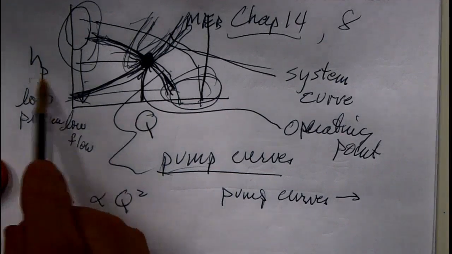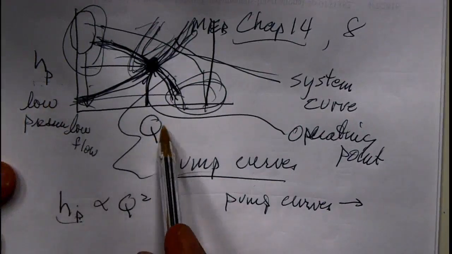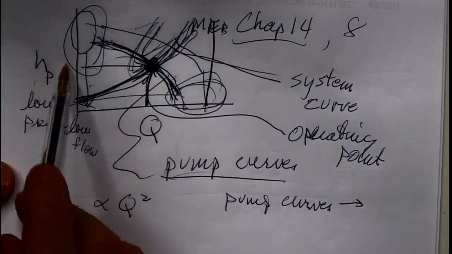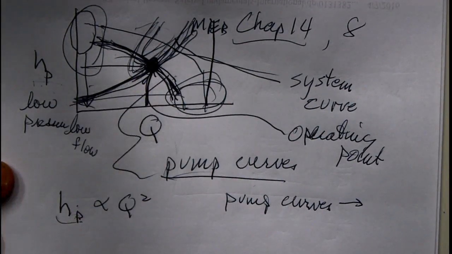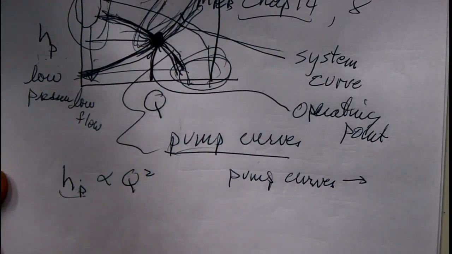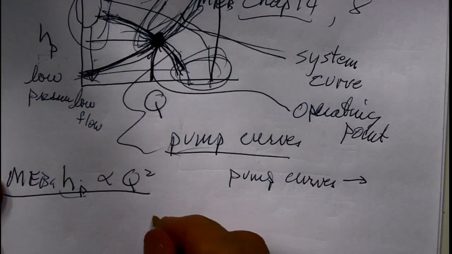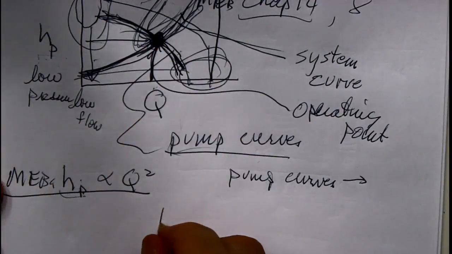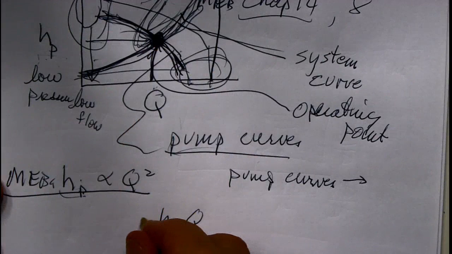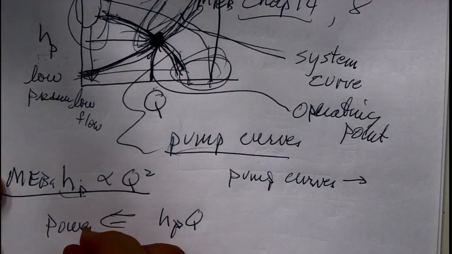And if I de-dimensionalize these, in other words, this becomes the flow coefficient, this becomes the head coefficient, and then we have a power number sitting in there. Because if I take this Q times this H, I figure out how much power is going into my pump or into my heart.